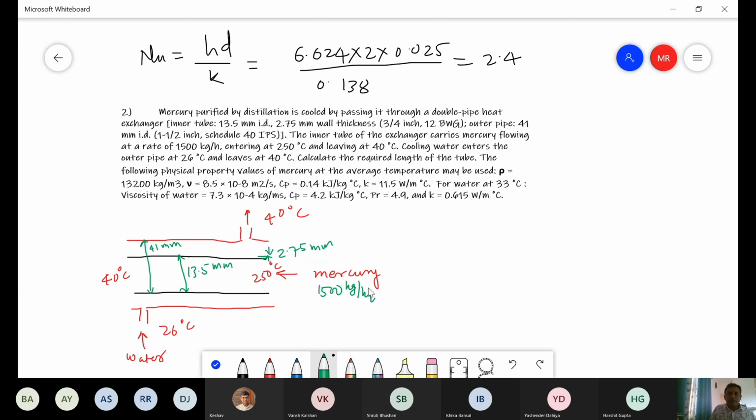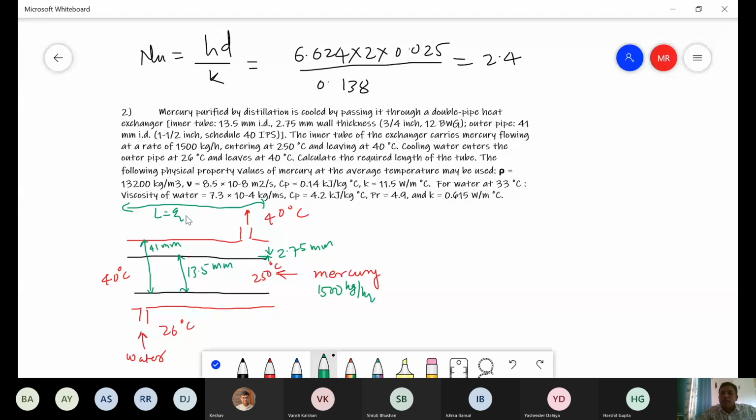Now we have to calculate this particular length, this L. First, since mercury is flowing inside the inner pipe and the water is flowing through the annular region, we have to see whether the flow is laminar or turbulent, because based on that only we can choose the correlations required, isn't it?